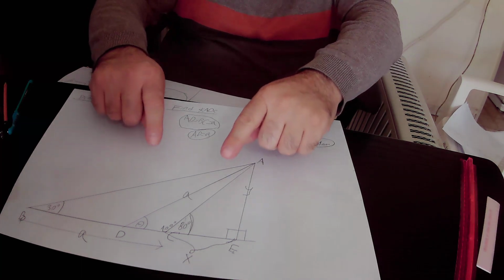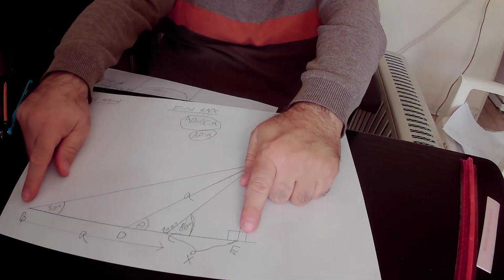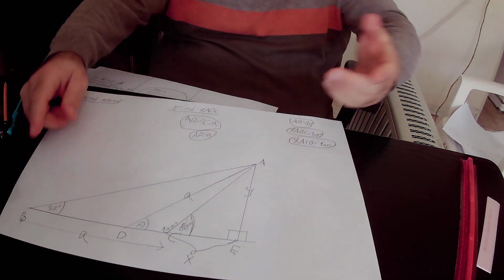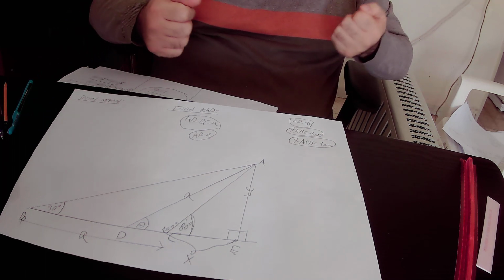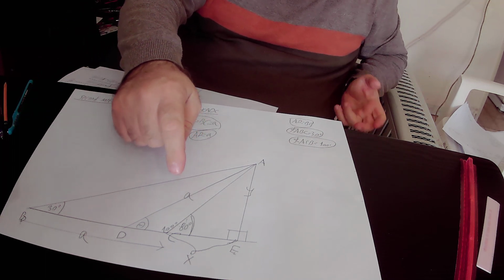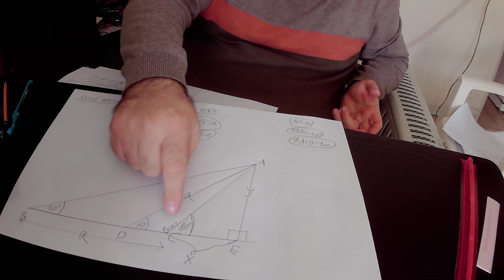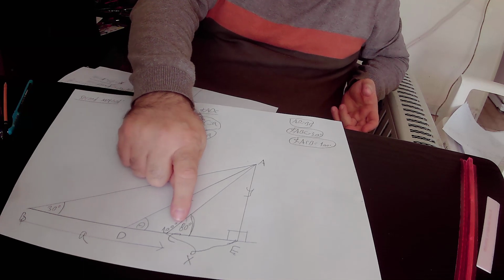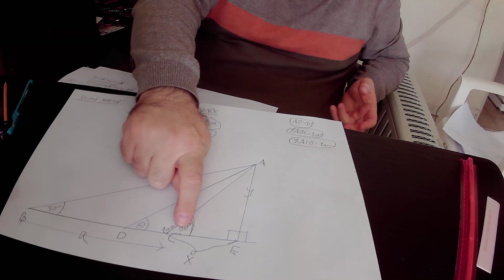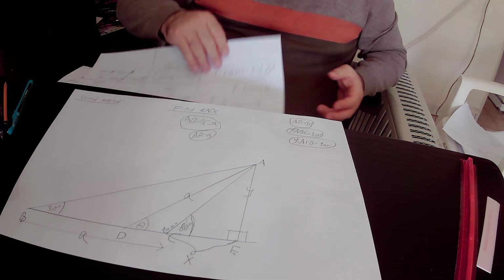So if we focus on the upper side of the straight line BE at point C, according to the rule that I mentioned, the sum of the angles must be equal to 180 degrees. That is to say, 100 degrees plus this angle that we defined as angle y must be equal to 180 degrees.